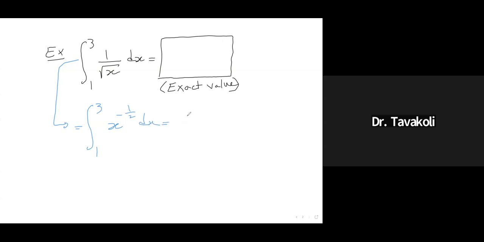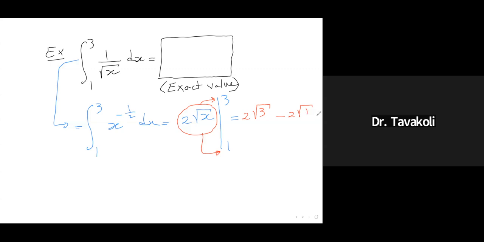The antiderivative, as we found in the previous example, was 2 radical x plus c, but since we are dealing with a definite integral, no plus c is required here. And it should be evaluated at these limits of the integral, and we should do the subtraction. So this means 2 radical x evaluated at 3, which is 2 radical 3, minus the evaluation of this function at 1, 2 radical 1.